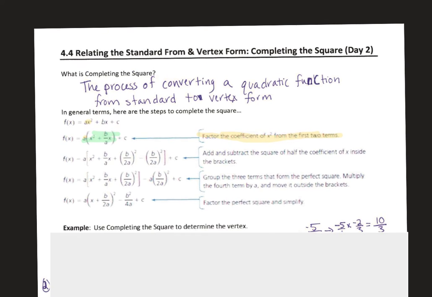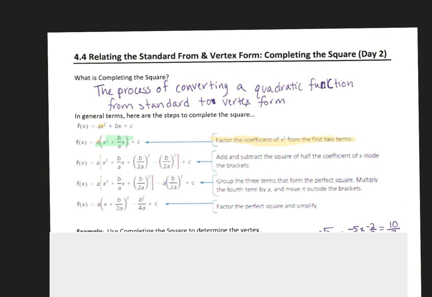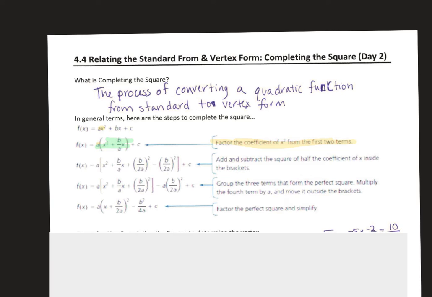After we common factor out that a value, whatever's left for our b divided by a, so our second term, we're going to half it and we're going to square it. So we're going to add and subtract the square of half of the coefficient of x.